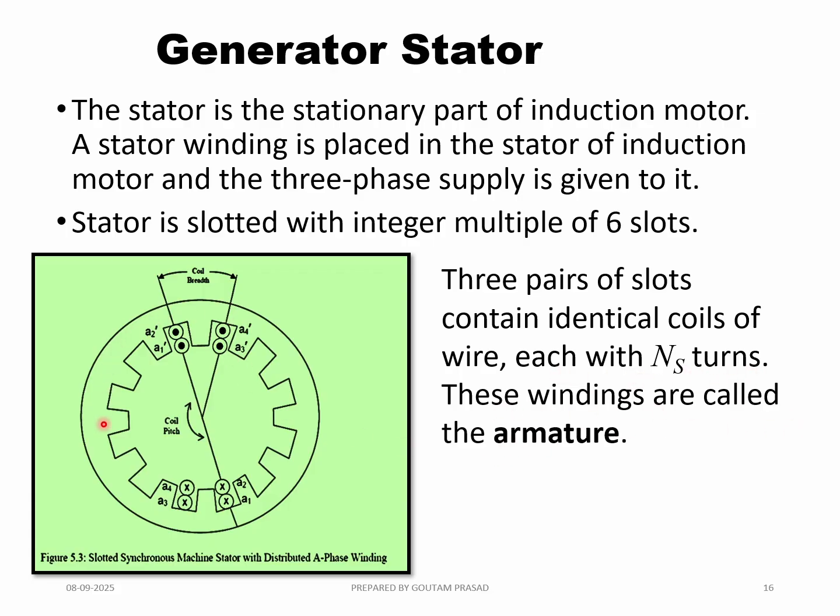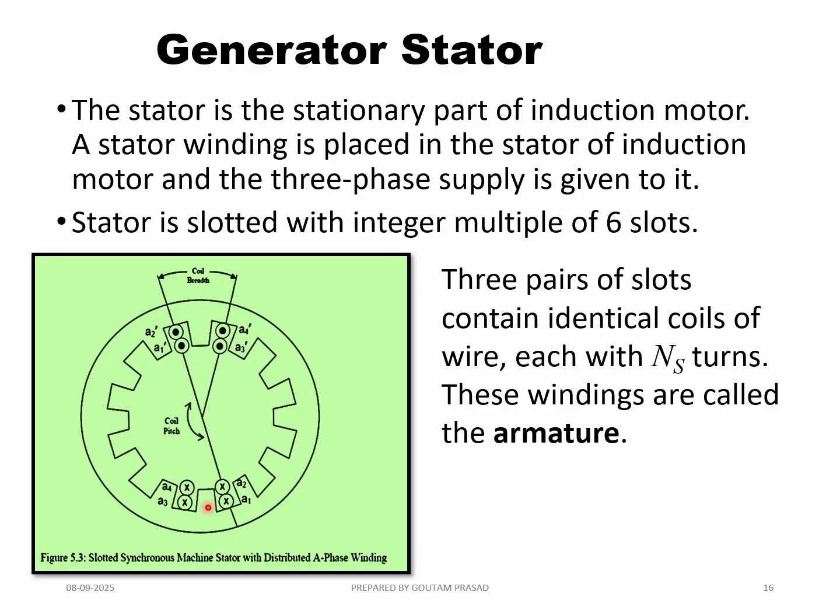So this is the stator of the AC generator, and it is slotted as shown here. In this slot, a phase coil has been shown. It's basically a double layer winding, so one part of the conductor is on the bottom side of the slot, and another is on the top side of the slot.